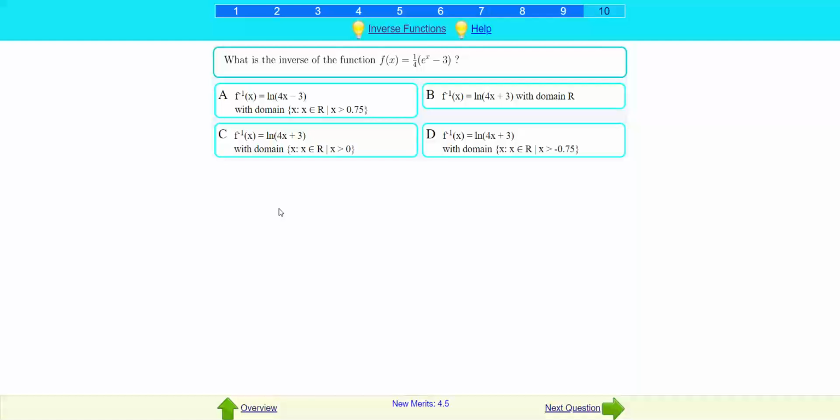So ln of 4y plus 3 equals x. Remember, ln of e^x eliminates ln and e^x, so we will be left with ln of 4y plus 3 equals x.